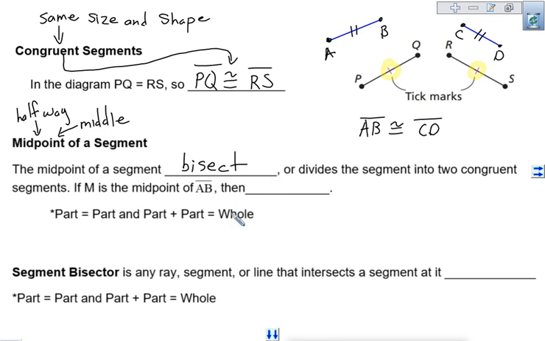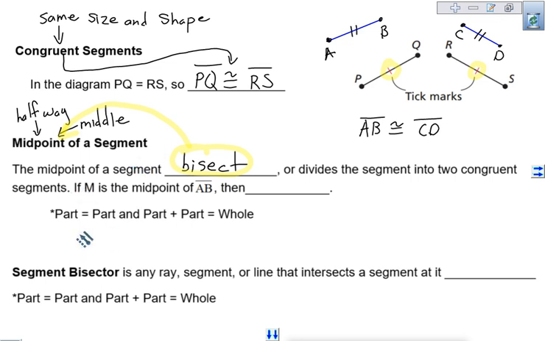So anytime you see this word bisects, it is the same as saying it's at your midpoint. It's at the halfway point. So anytime you have this, you know that your 2 parts are equal.